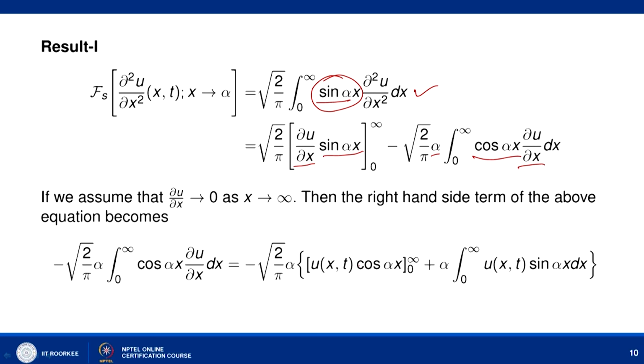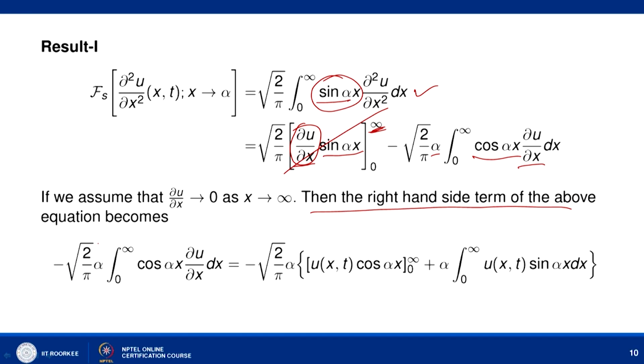Now here we already assume that this ∂u/∂x is tending to 0 as x tends to infinity. So at infinity this term is gone. Now at x equal to 0, since sin of 0 is 0, the boundary values will be cancelled out.